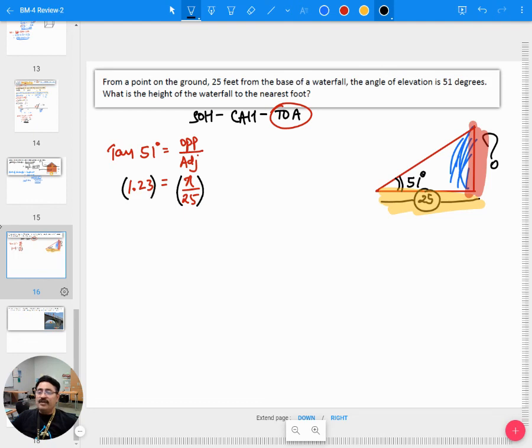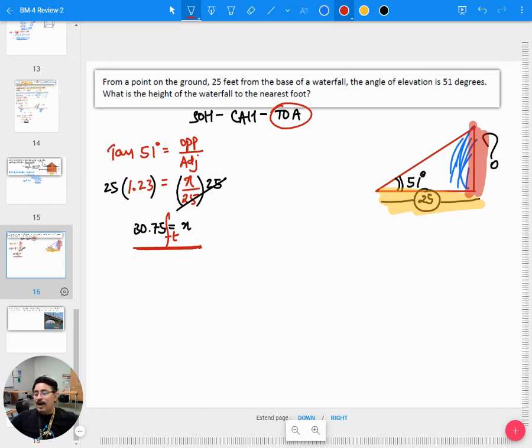If I multiply by 25 on both sides, the value of x can be found. So 25 times 1.23 gives me 30.75. Always don't forget to mention the units, here 25 feet. Therefore, the height of the waterfall is going to be 30.75 feet.